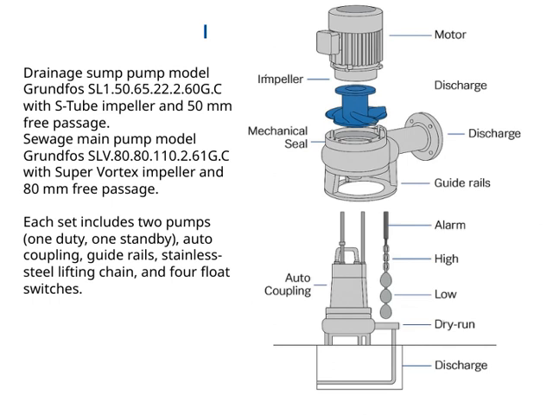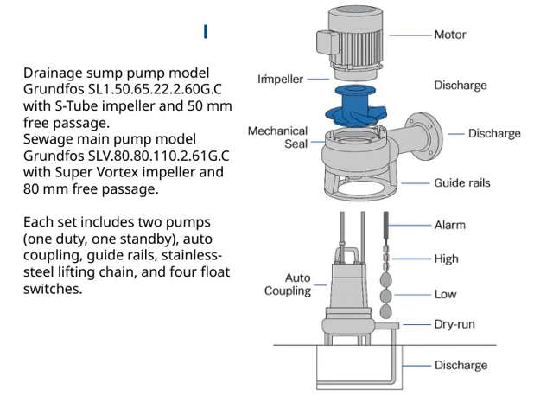For the sewage main pump, we've selected the Grundfos SLV 8080110 GC. This model uses a super vortex impeller, which allows for an even larger free passage. This is especially important for sewage systems where larger solids and debris are common, ensuring smooth operation without blockages.